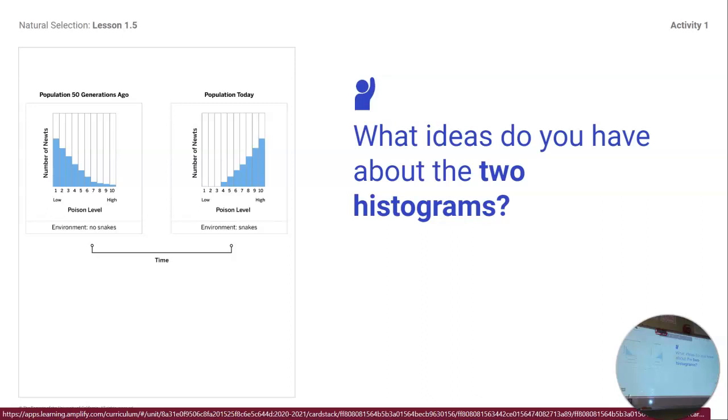If you are done, just give me a thumbs up so I'm not wasting time. All right, we got about 1 or 2 still working. All right, take about another 30 seconds and then we will finish this up. Once again, remember, you're comparing your 2 graphs. Specifically, we're talking about this idea of adaptive traits.